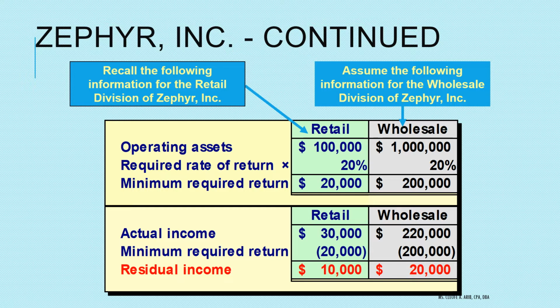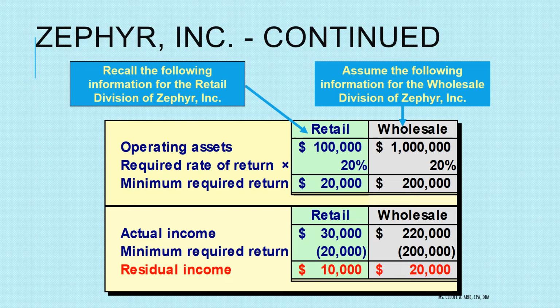Now, if we compute for the residual income nilang dalawa, retail gave us a residual income of 10,000 as we have computed earlier. Now, for wholesale, say for example, the actual income for the wholesale segment is 220 and the minimum required return niya lang based dun sa taas na computation is 200,000.